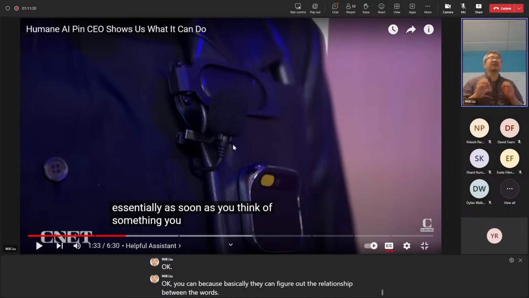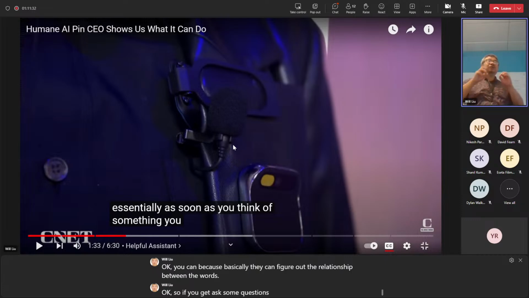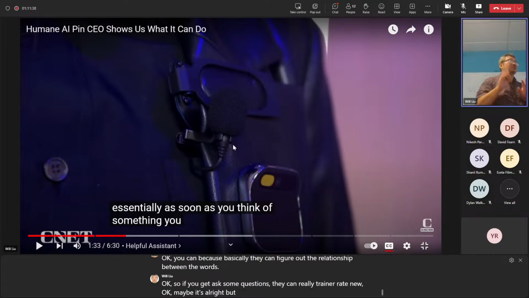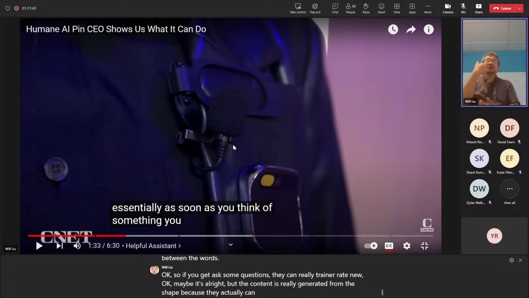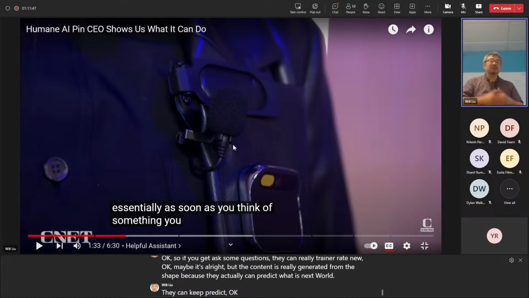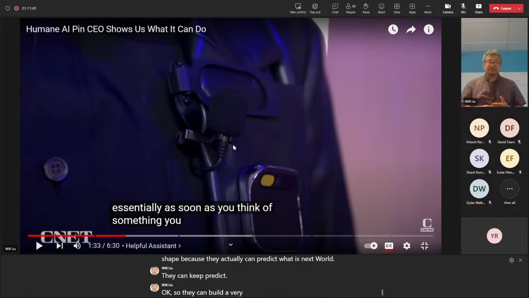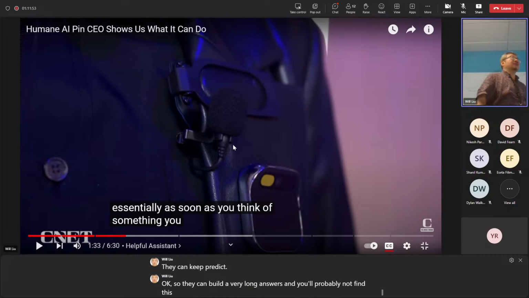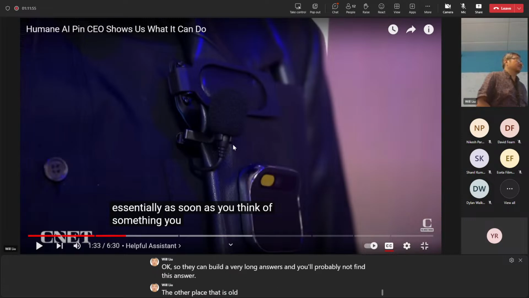So if you ask them questions, they can really generate new content. Maybe it's not right, but the content is truly generated by ChatGPT, because it can predict the next word and keep predicting. So it can build very long answers that you probably can't find elsewhere.